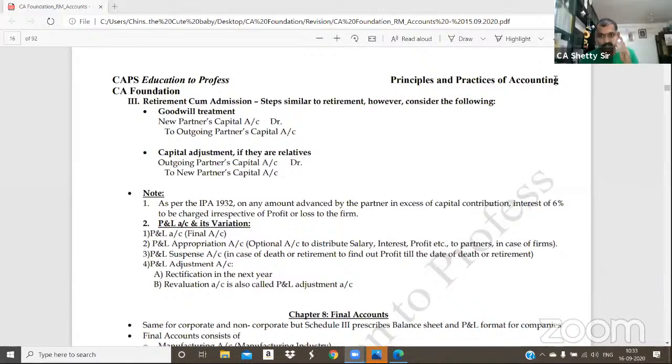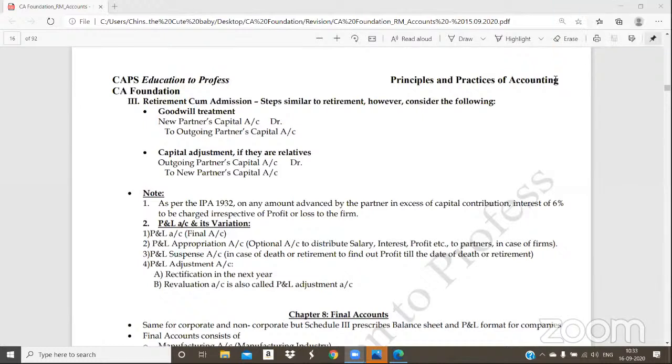Over and above the capital, if they give a loan, please understand current account is capital. This pocket or this pocket, both are same. Loan, if they give, the interest of 6% per annum.